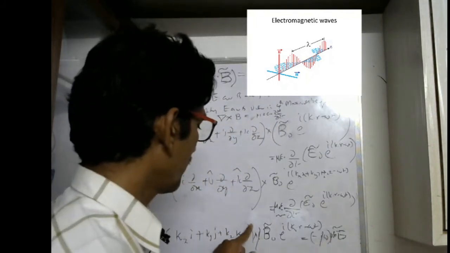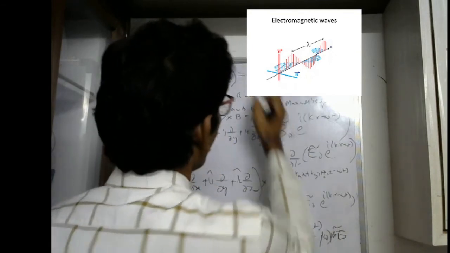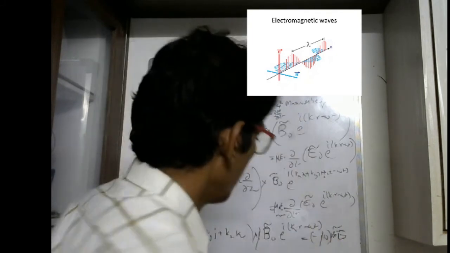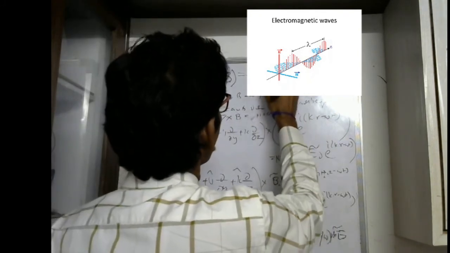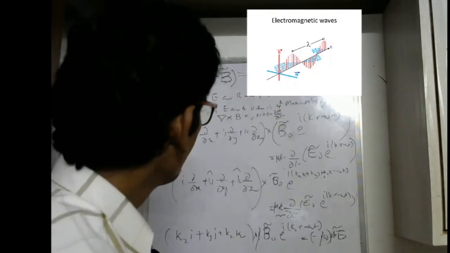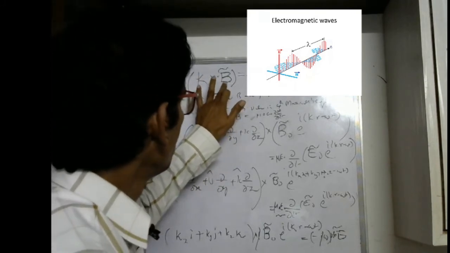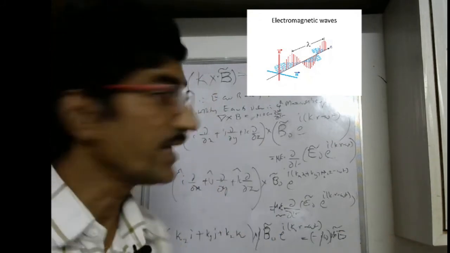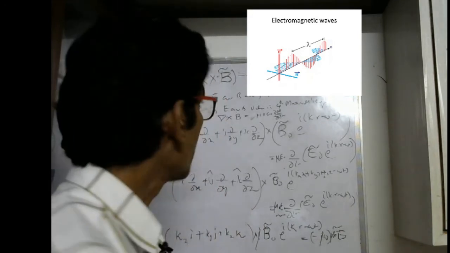Again here you are having minus I, cancel, you have minus of mu naught epsilon naught omega times E. Here you see that E is again perpendicular to the plane containing the direction of propagation and B vector.